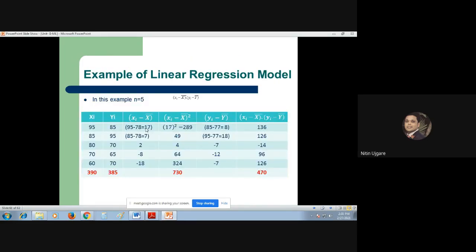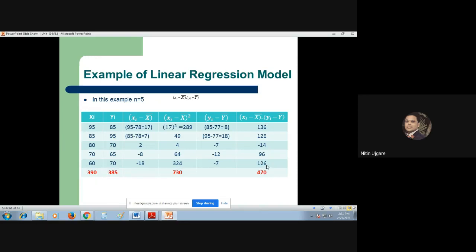So 17 into 8 is 136, 7 into 18 is 126, 2 into minus 7 is minus 14, minus 8 into minus 12 is 96, minus 18 into minus 7 is 126. Performing the sum of all these 5 values, we get 470.